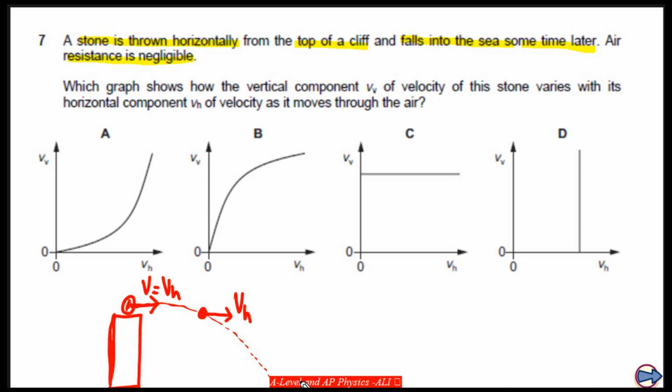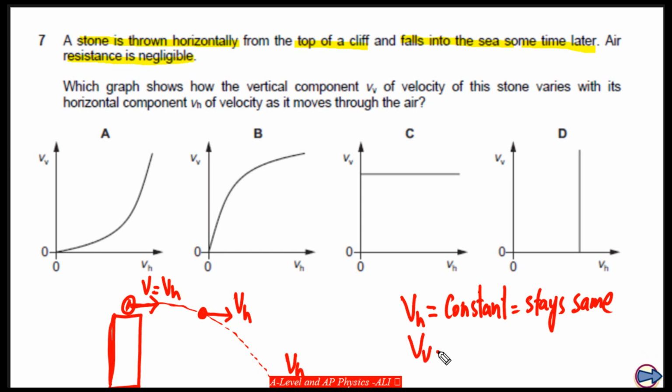Why? Because there is no force acting along horizontal. So it means the horizontal component of velocity will stay the same, or we can say vh is constant. And the vertical component will increase, because there is a force acting along vertical.